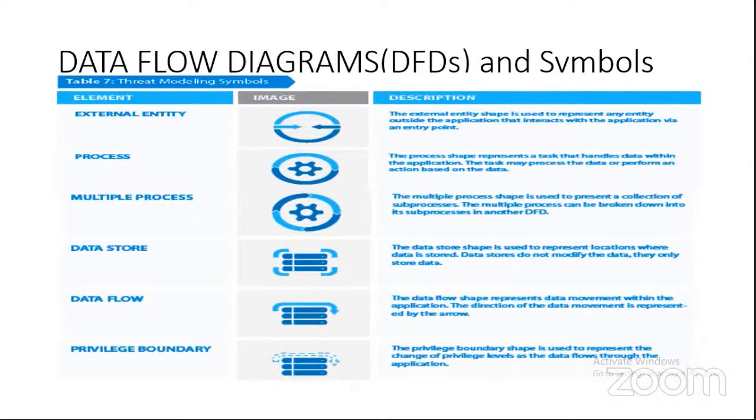So then you have the models that use data flow diagrams, which represent the external entity, the process, and the data store, and then you have the whole pipeline that goes between the external entity and the data store. Then you have these privilege boundaries, which say, okay, beyond this he can't go.